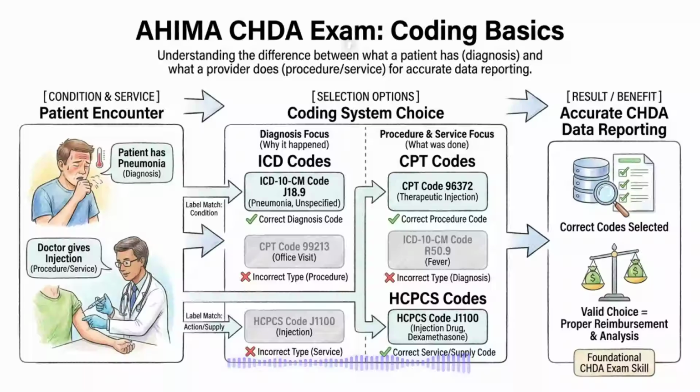While ICD codes focus heavily on diagnoses, outpatient procedures and medical services are tracked using current procedural terminology, or CPT codes. CPT codes are 5-digit numbers that tell insurance companies exactly what specific medical, surgical, or diagnostic services the doctor actually performed.